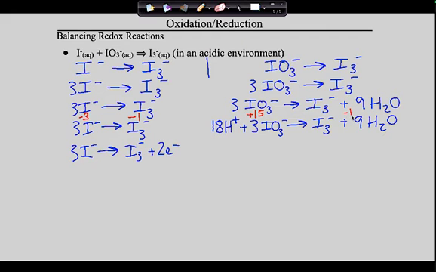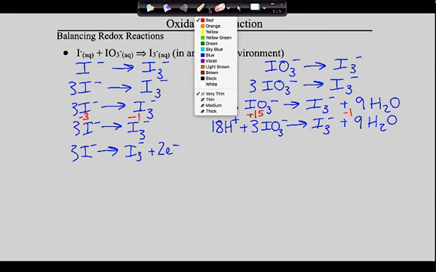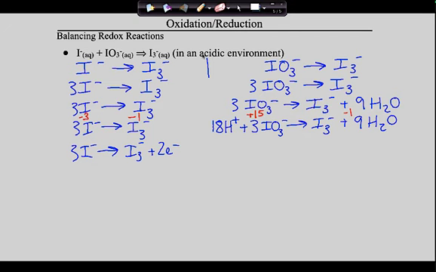Okay, so now, only being able to add electrons, how do we make the charges balance? Add 16 electrons to the left. So we've got 16 electrons plus 18 protons plus 3 IO3 minuses yields I3 minus plus 9 waters.